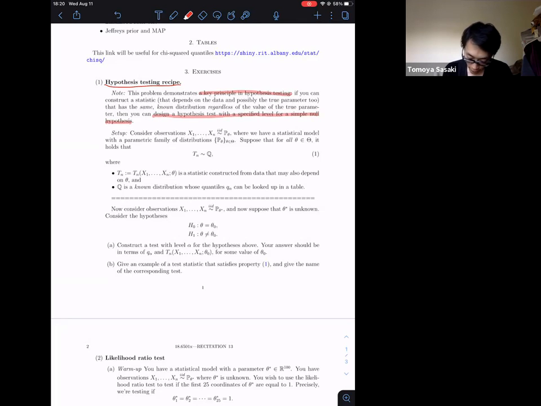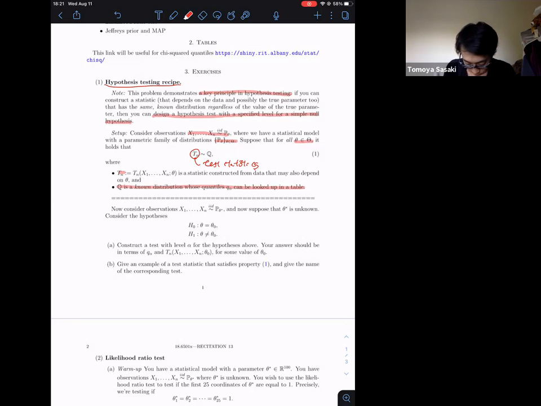We have IID observations drawn from a statistical model P. The statistical model P has a true parameter theta, which lives in the parameter space big Theta. And for any theta in the parameter space big Theta, this test statistics follows some known distribution whose quantile is Q alpha.